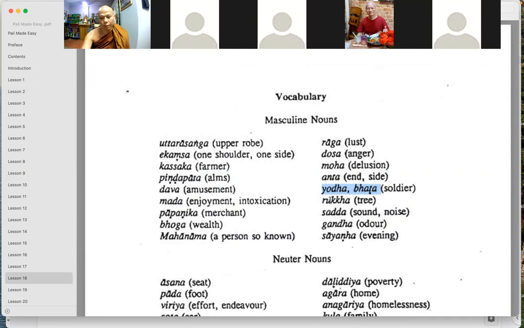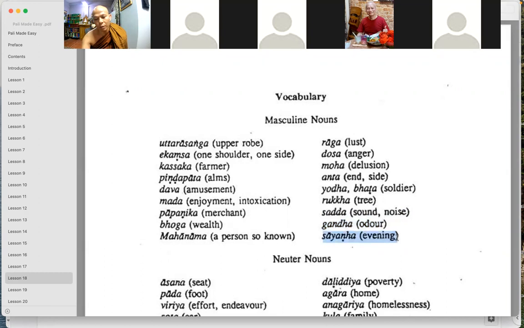And the roka, tree, we know that, roka tree. And the sada, sound or noise. Sada, sound or noise. And the ganda, odor or smell. Ganda, odor or smell, maybe good or bad. And the sayana, evening.